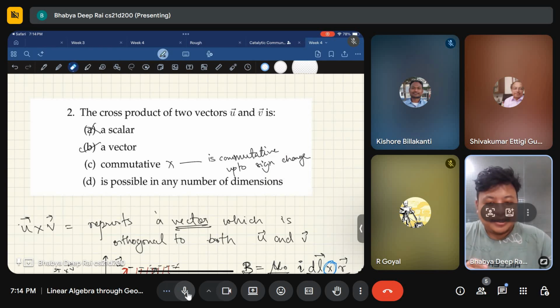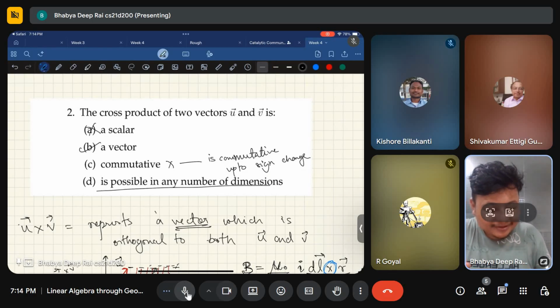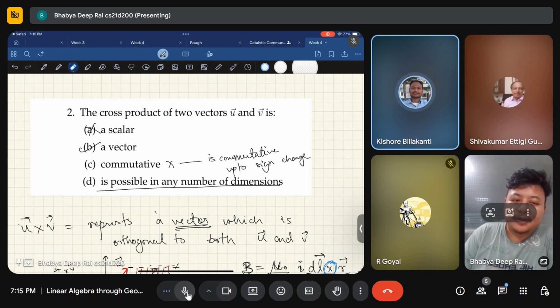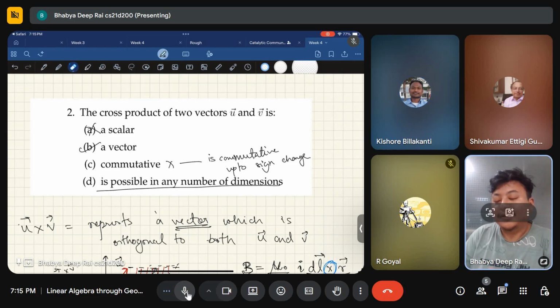So the final one. You may not know the answer to this. Is it possible in any number of dimensions? Think about it. Dimensions as in 1D, 2D, 3D, 4D, whatever.